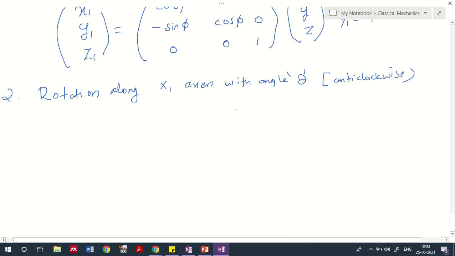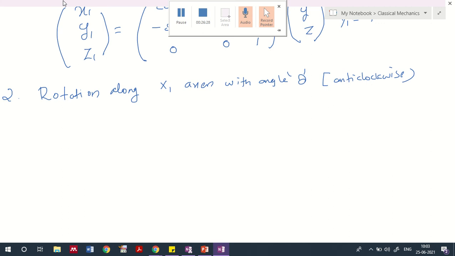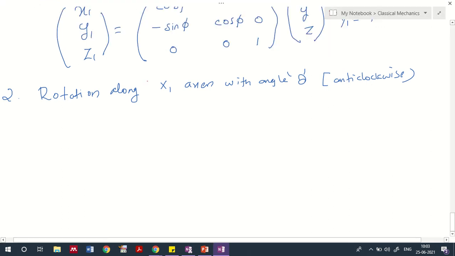If we do so, what we observe is that we'll have a figure like this, where we already said that z is equal to z1 at one stage.